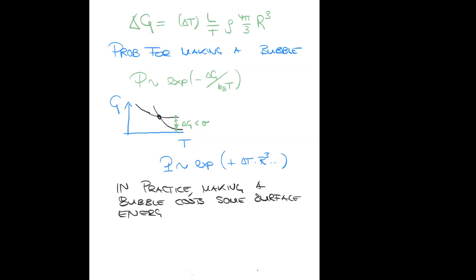I'll show that again in a little bit. That was our little exercise in the Ising model, where you can try to measure in numerical simulations what that surface energy cost is.